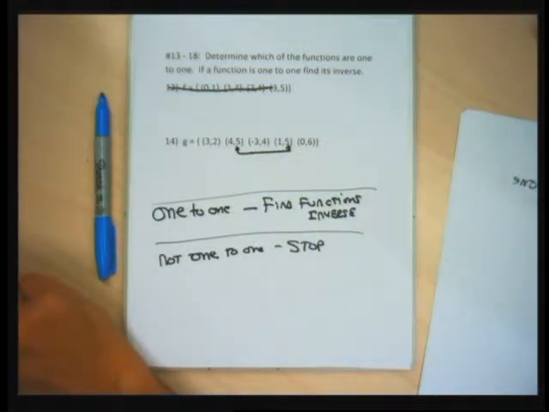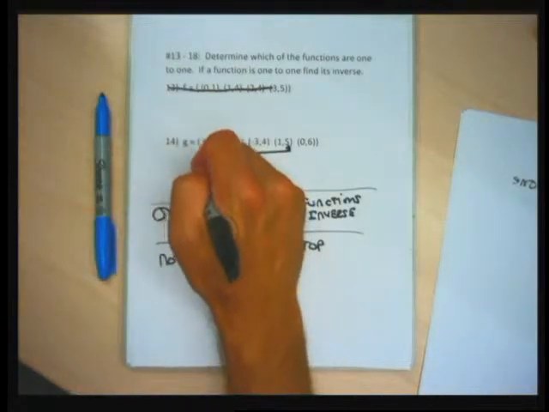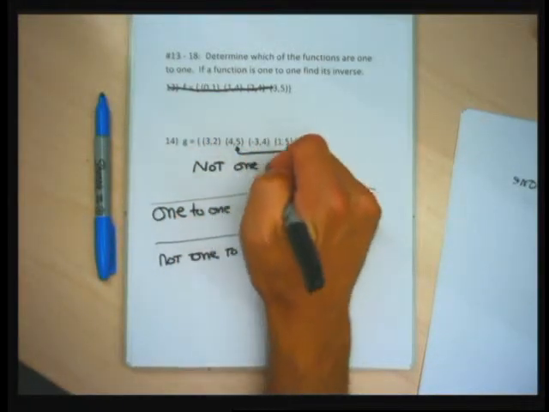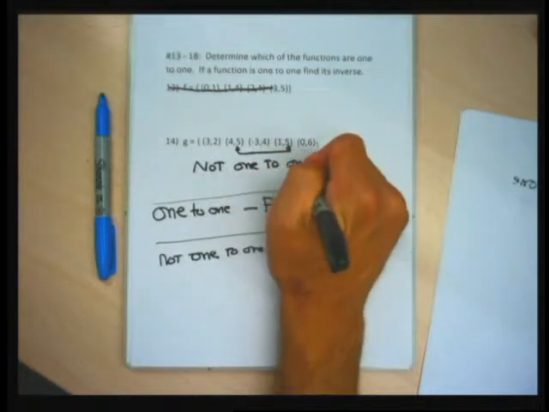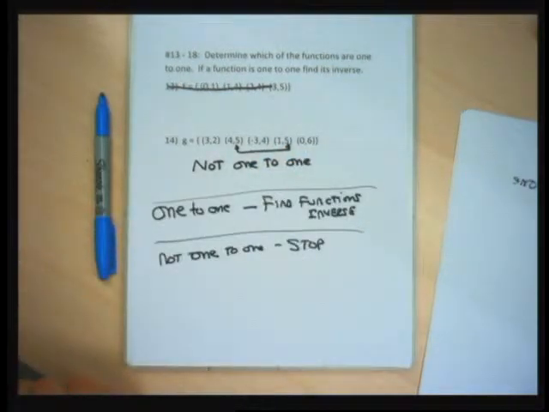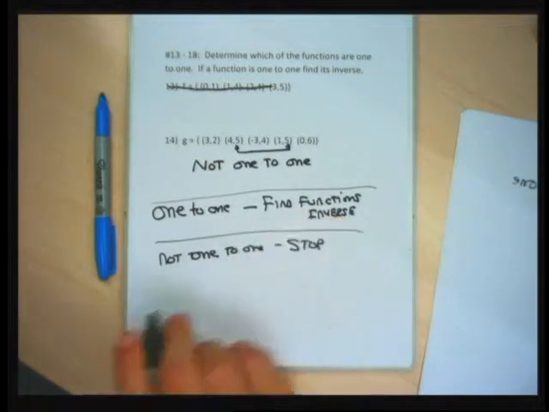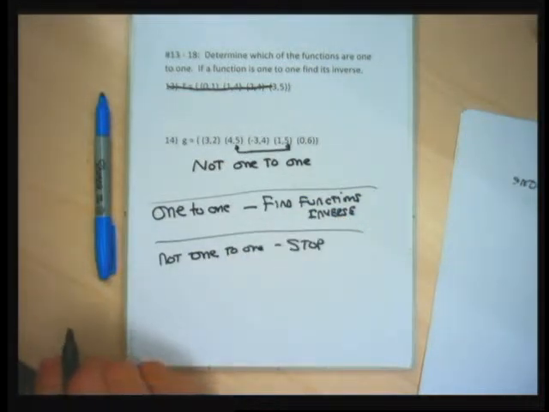Because if you have duplication in the y's and you graph those points, they will lie on the same horizontal line. So for problem 14, I'm going to say this is not one-to-one and stop. If it was one-to-one, then I'd need to talk about the new concept in 13 through 18, the inverse of a function. But since it's not one-to-one, I just stop.